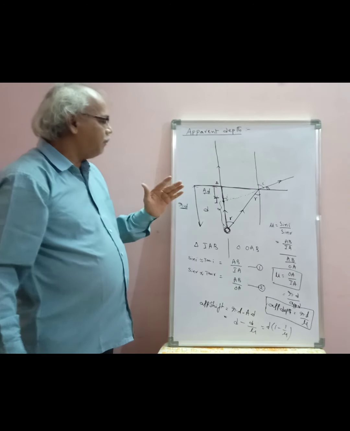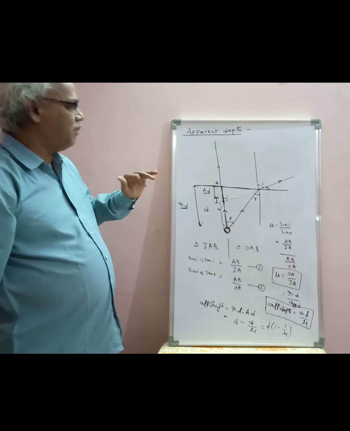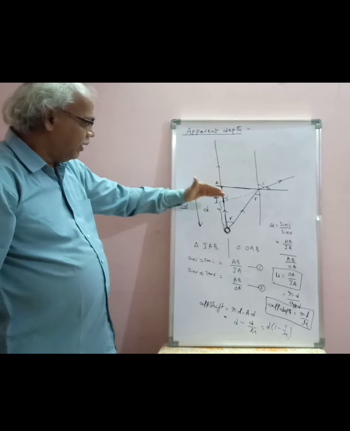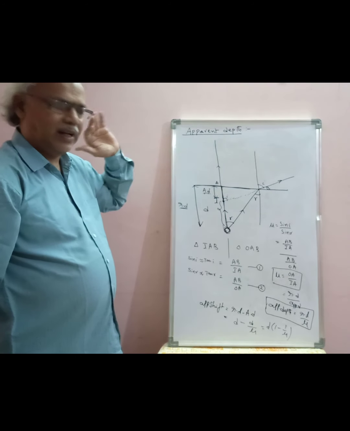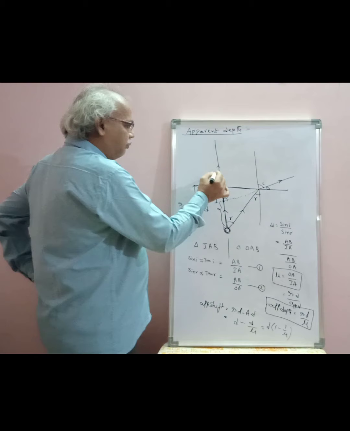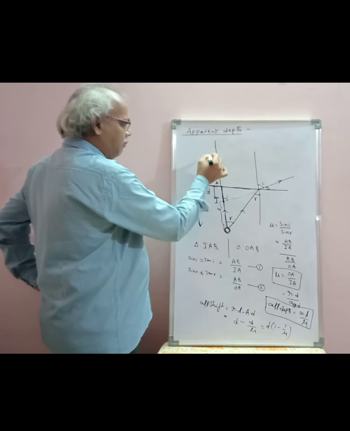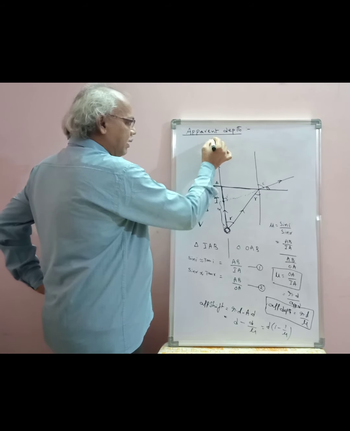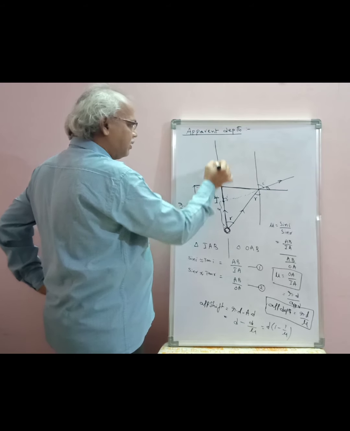So what is the apparent distance between the observer and this image point I? Suppose a person or a bird is at a distance x from this interface in air.